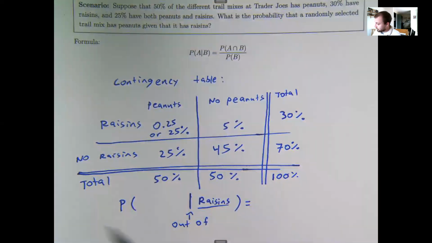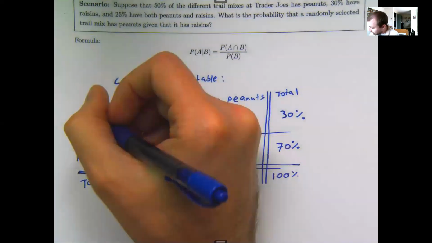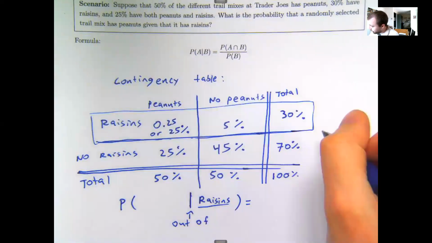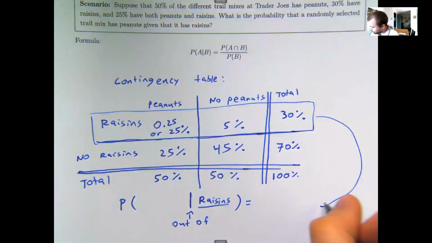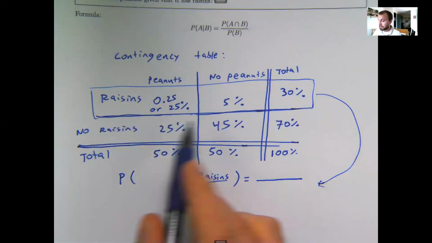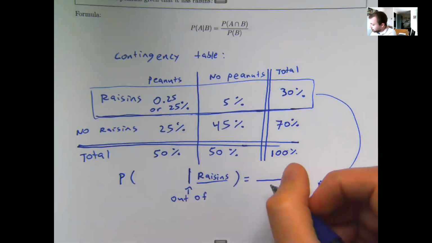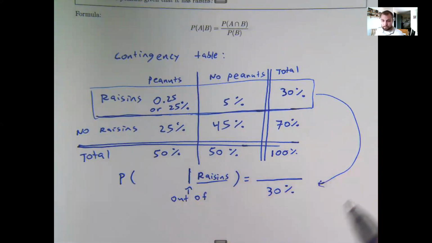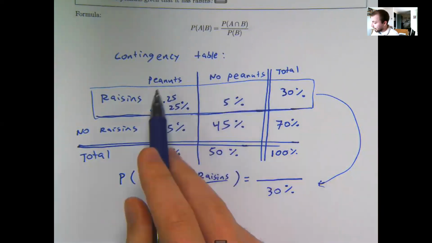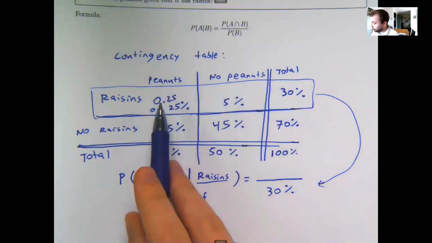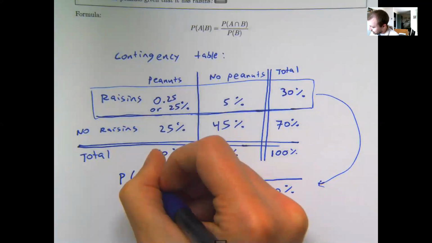When I'm using this table, the only part I care about is this first row. I know it's one of these 30% of trail mixes, so my denominator is going to be 30% on the bottom. Of these 2 options, raisin trail mixes with or without peanuts, I wanted to know which ones had peanuts.